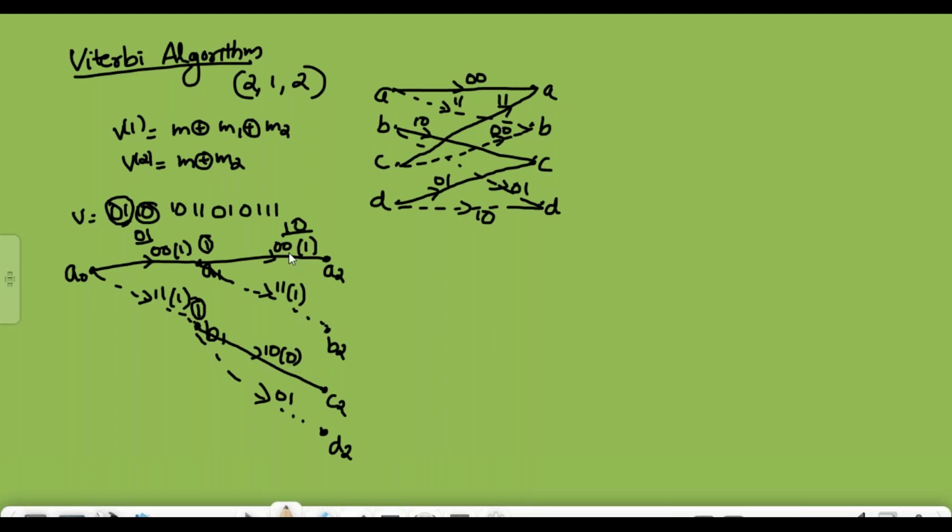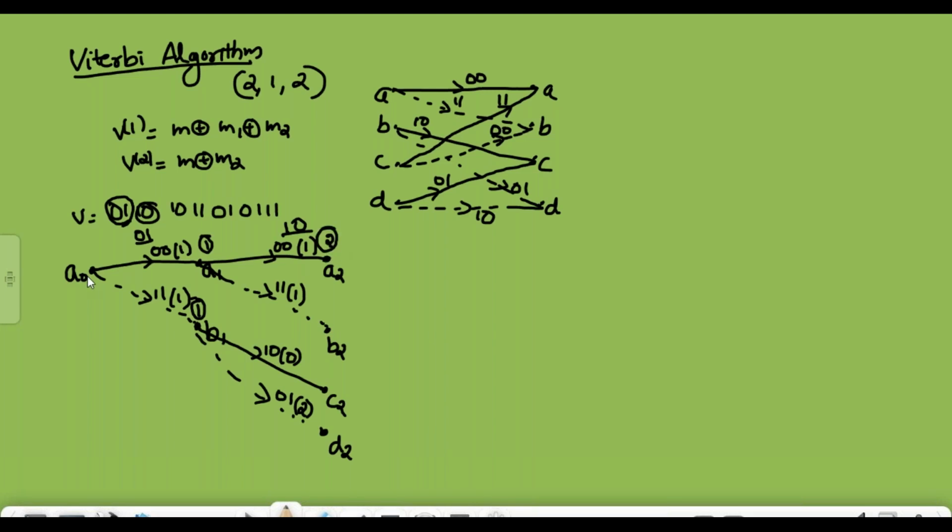Then 0 1. First bit here 0, here it is 1. Second bit here it is 0, here it is 1. Therefore, both bits are different, so the branch metric along that branch is 2. Next, you have to write the path metric. Here 1 up to this, starting from the initial stage A0, then 1 plus 1 is 2 here, in a circle. The path metric of the path A0 A1 A2 is 2.